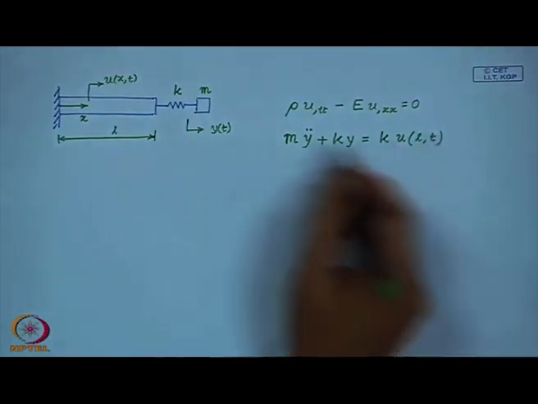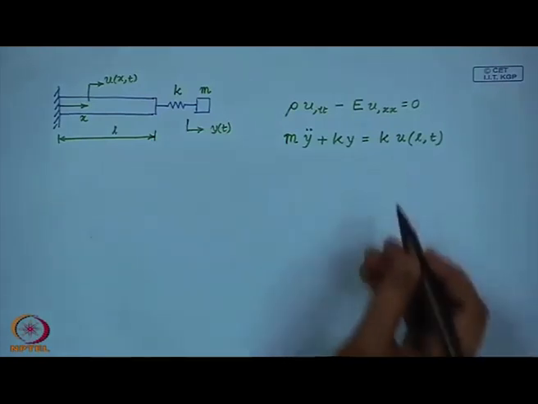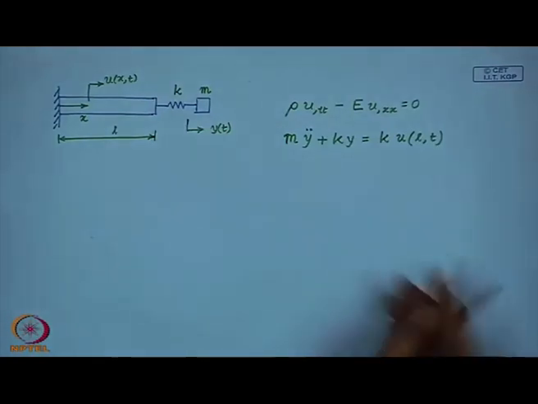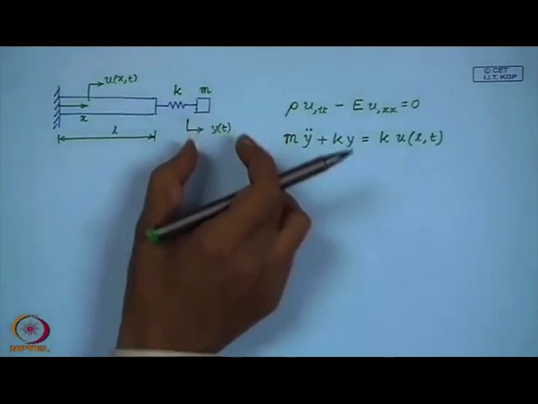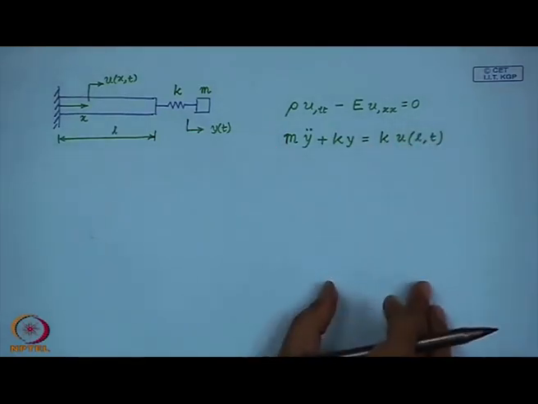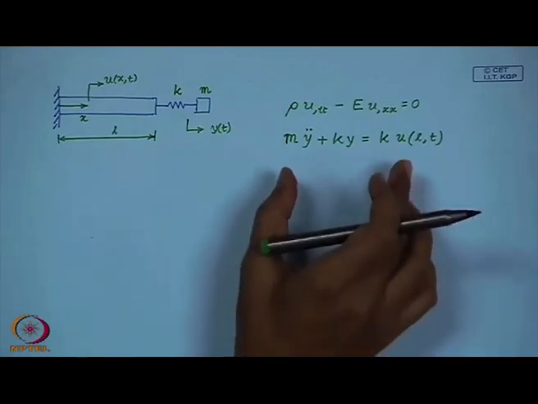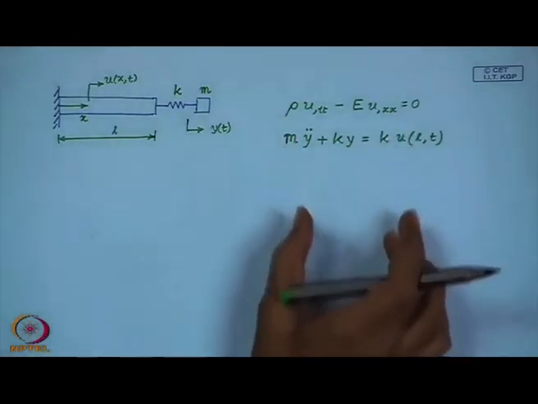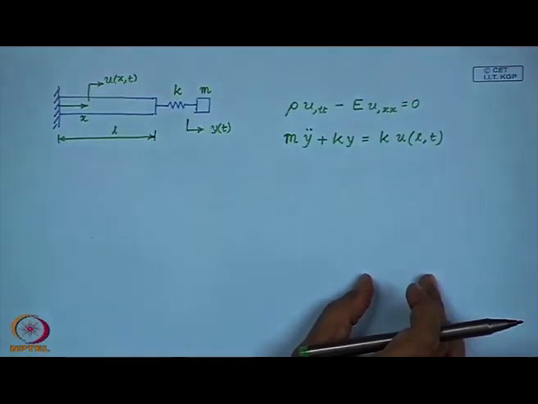This equation can be easily derived if you take the oscillator separately and write down its equation of motion. Now, these are the equations of motion for this system. As you can see, they are coupled.